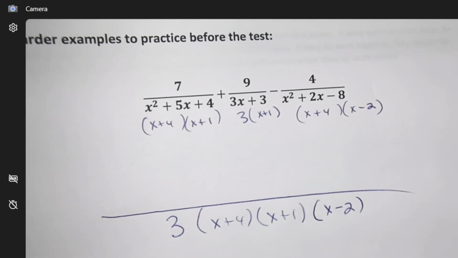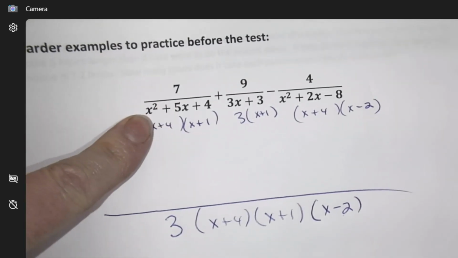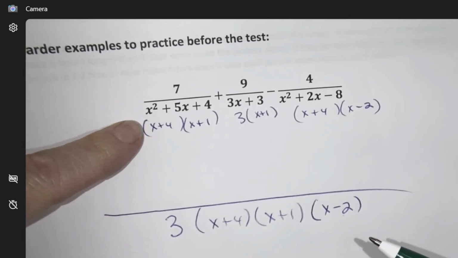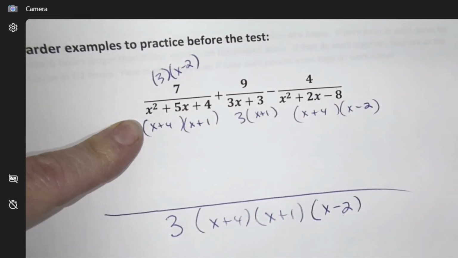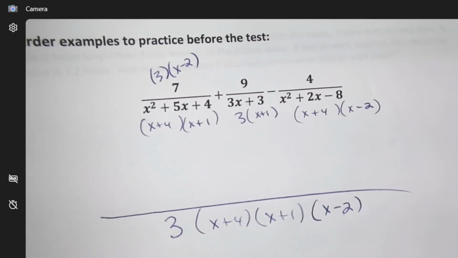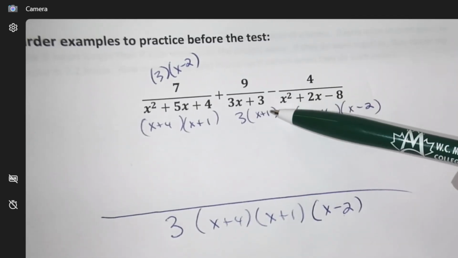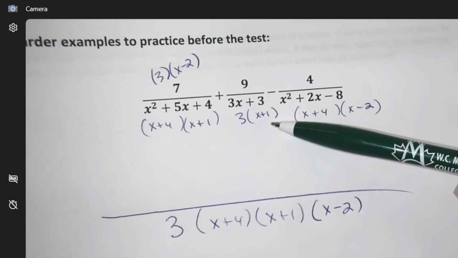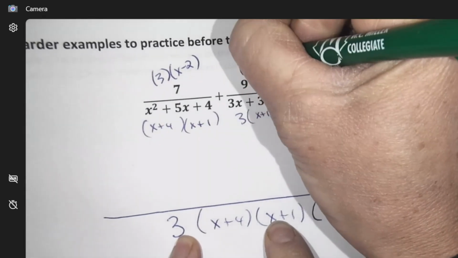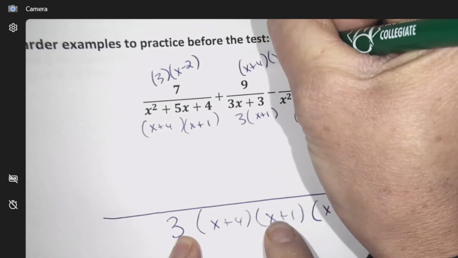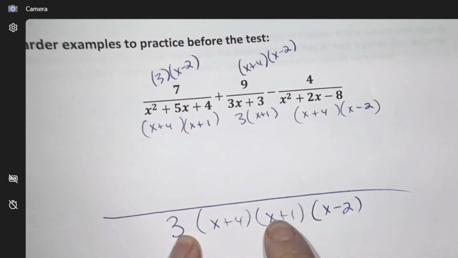Okay, every fraction, here we go. First one, the bottom is different by 3 and by x minus 2. Second fraction, the bottom is different by an x plus 4 and an x minus 2.